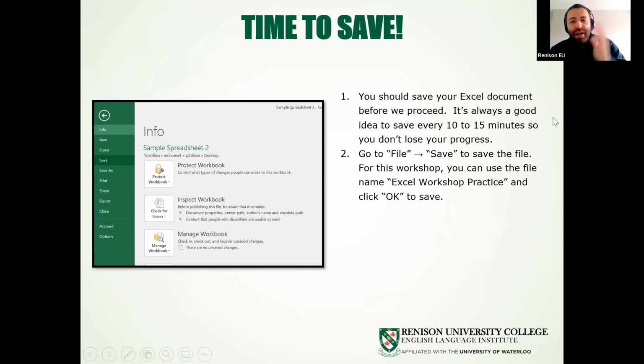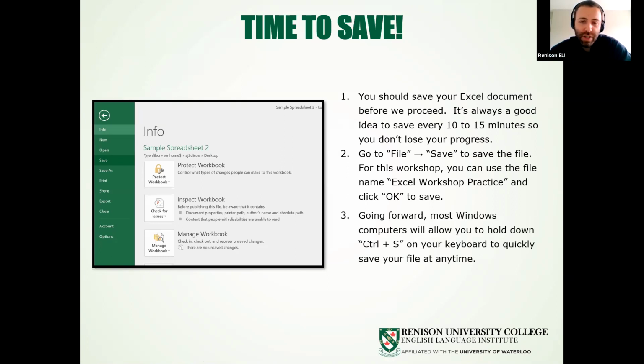Go to File, Save. That's probably the easiest way to do it. Or on your keyboard, you can type Control S. So hold down the Control key and the S key, and that will save it. Pick whatever name you want, like Excel Workshop Practice would be fine. And going forward, if you're on a Windows machine, typing Control S is probably the fastest way to save.